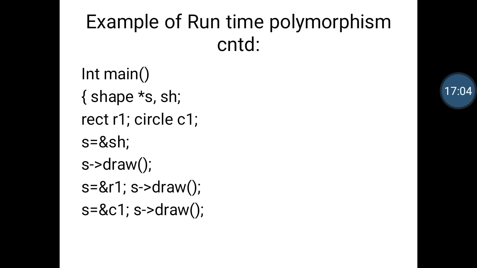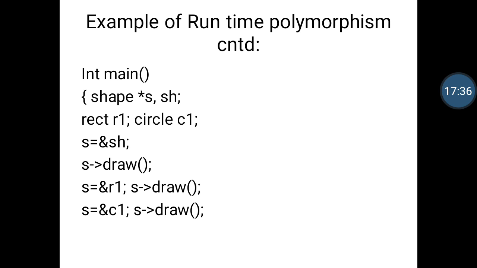Then I change the address stored in the object pointer to r1. So s is equal to ampersand r1, and then I call s arrow draw. It will call the function available in the rectangle class. Then I change the address stored in the object pointer to the c1 object, so s is equal to ampersand c1, and I call the same function s arrow draw.